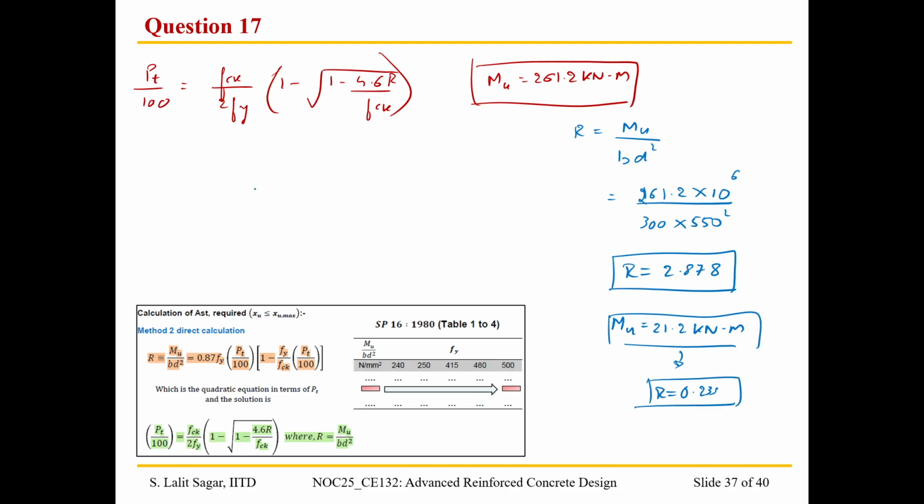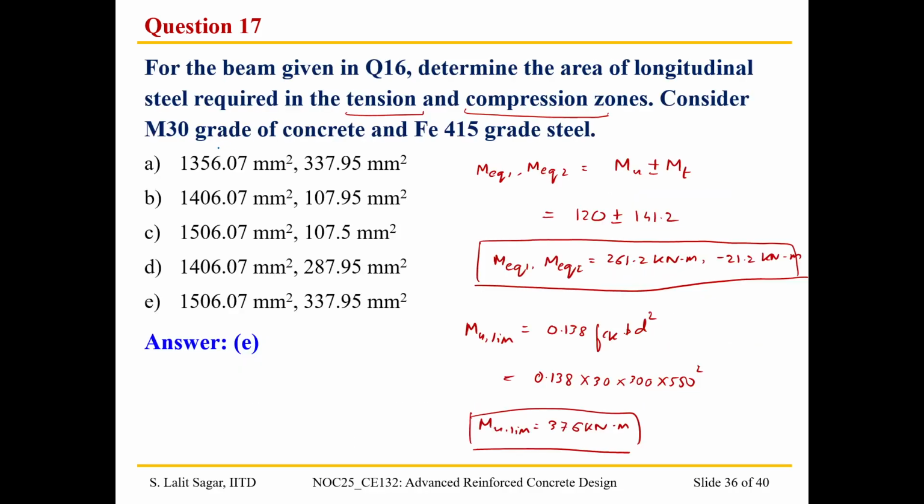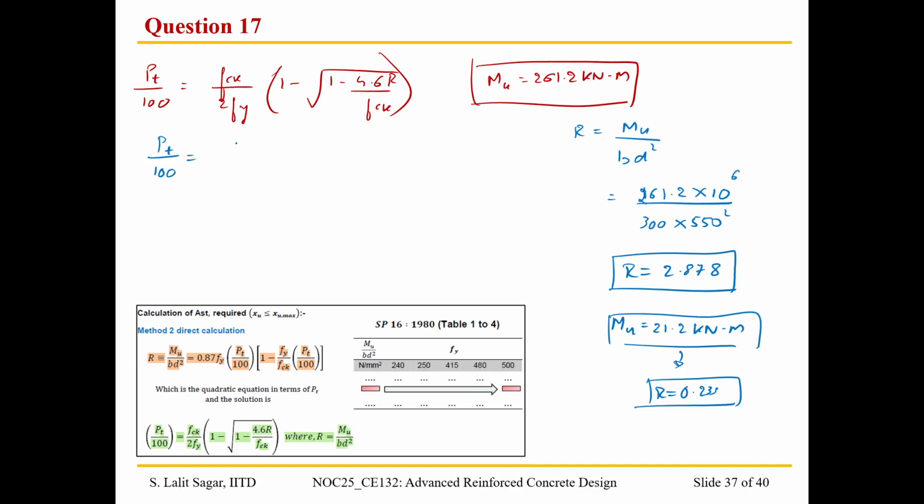Now let us proceed to find out the value of pt. pt by 100 is equal to fck is 30, and fy is 415, right? 30 divided by 2 into 415 into 1 minus square root of 1 minus 4.6 into 2.787 divided by 30.